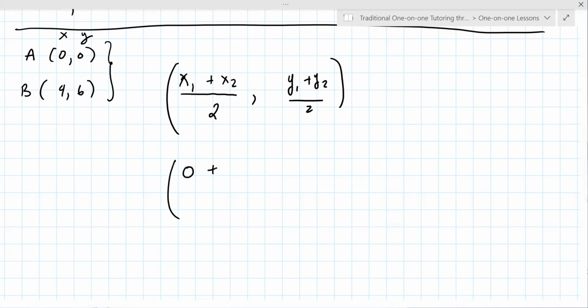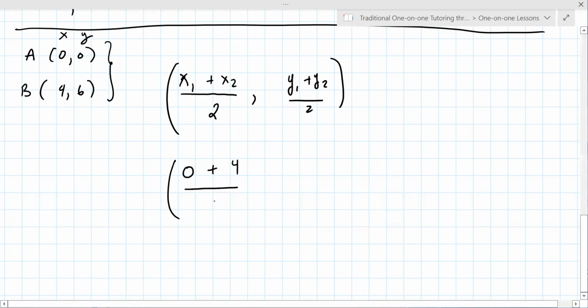X2, that's gonna be 4. What is Y1? Y1, it's 0. What is Y2? 6. Okay, so I need you to simplify this for me, please.